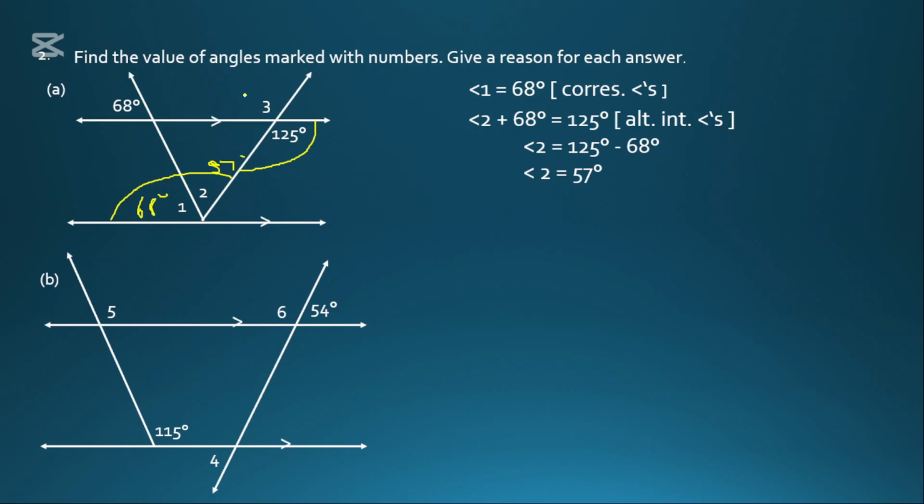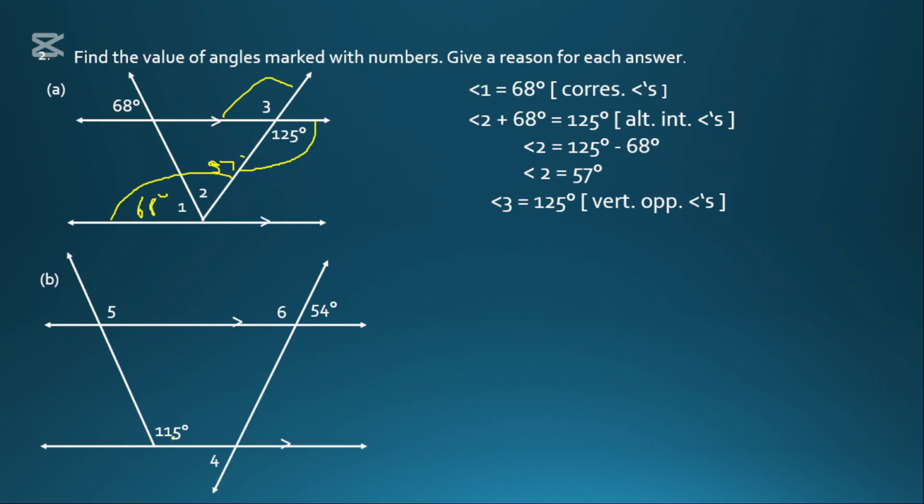It must be next to parallel lines. Both of them must be on the left-hand or right-hand side of two parallel lines. But these two, they are equal, you see? Vertically opposite angles. So angle 3 is equal to 125, vertically opposite angles.